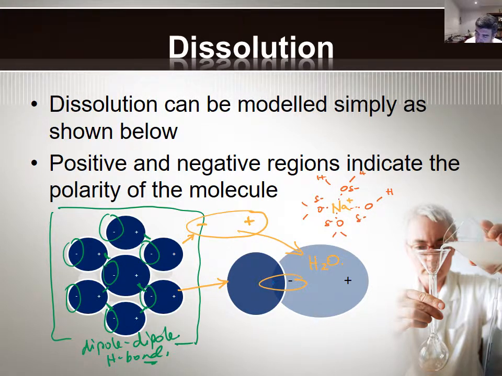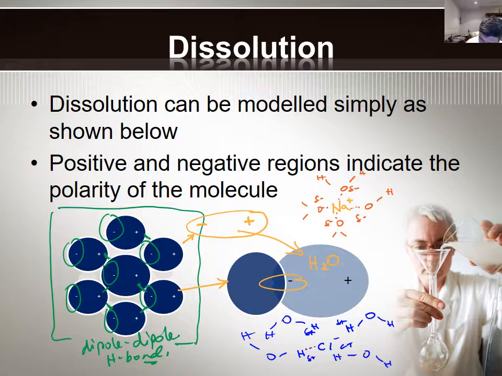The same is true, of course, if we were to have a chloride ion or any other part of a charged molecule, and we just need to make sure that we're showing how the parts of the water molecule, you can continue them off wherever you want, really. But these are now the positive parts of the molecule, and again, they're interacting with this negative charge.